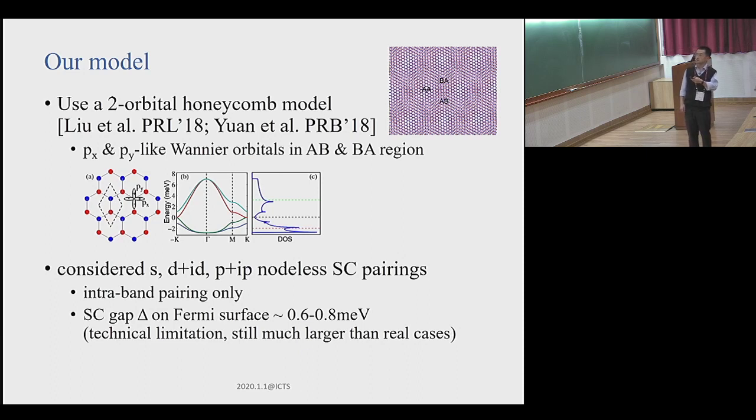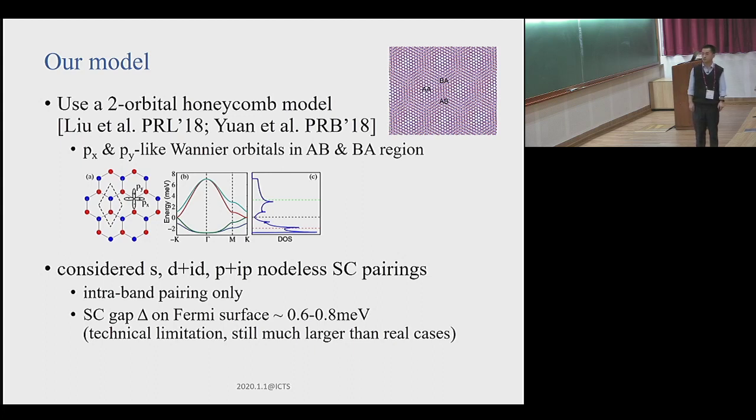So the model sites are at the AB or BA regions, not the AA region. They assume one orbital sitting on each AB or BA region, so there are two orbitals per honeycomb site, and the orbitals somehow have px and py like symmetry.